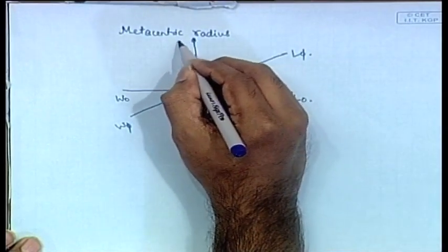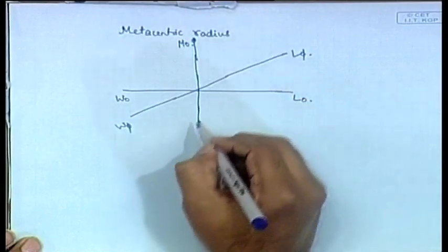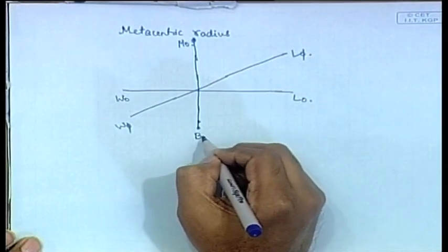Let us say this is the metacenter M0. Now, initially this is the center of buoyancy B0.